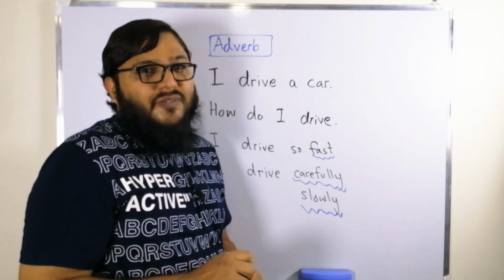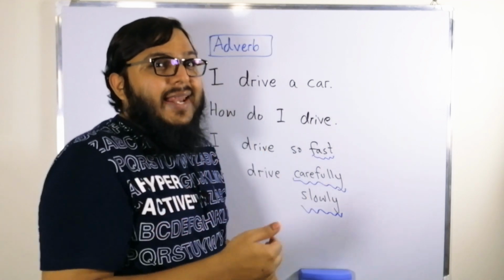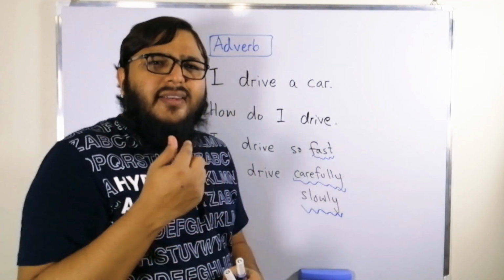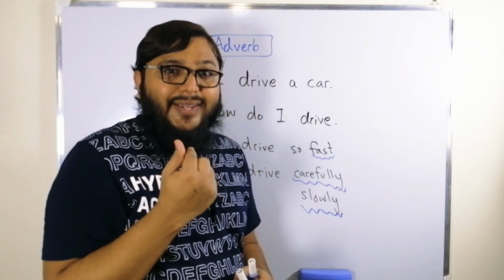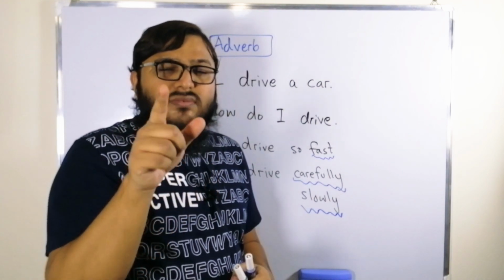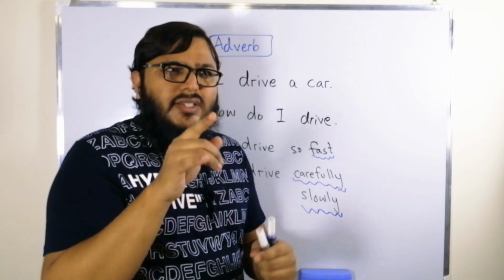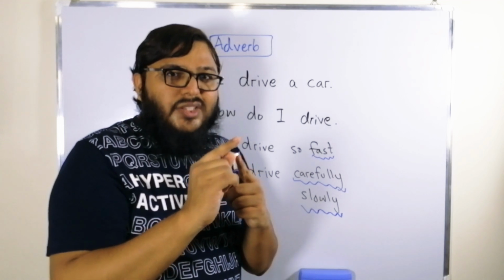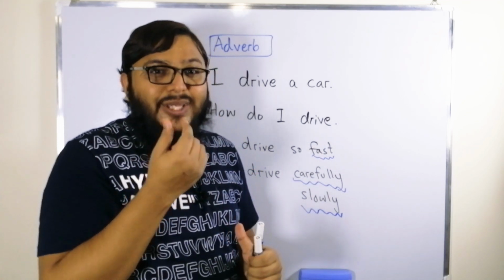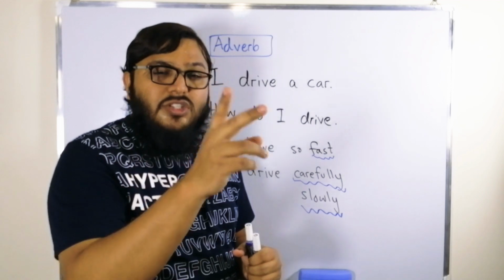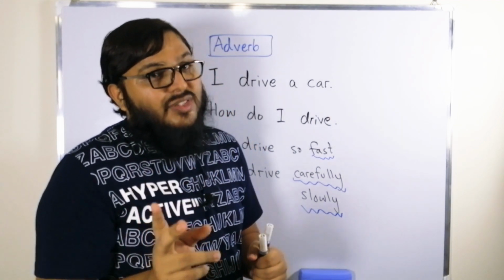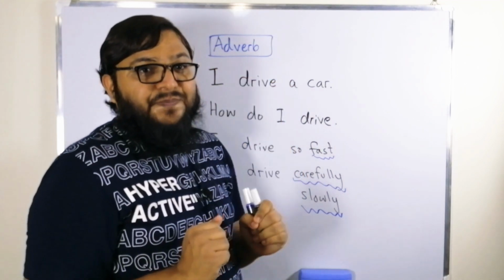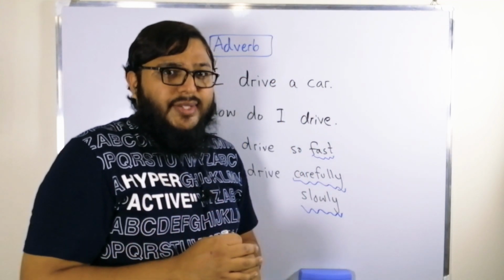For example, I can speak slowly. Don't speak loudly. These two words are describing my action of speaking, right? Because they describe actions, we call them adverbs.